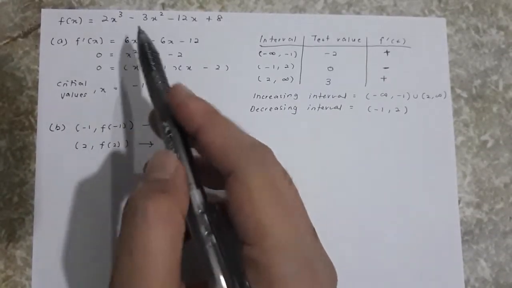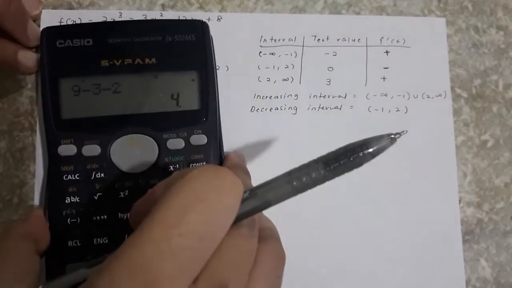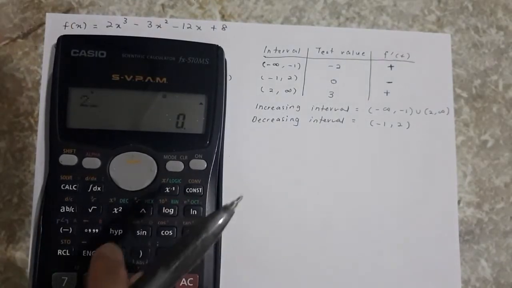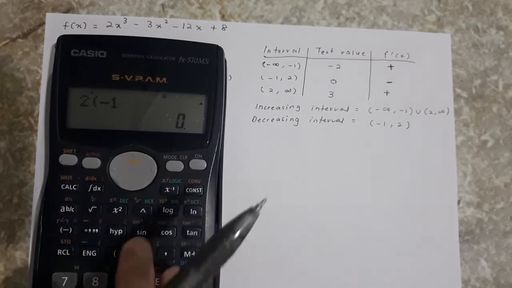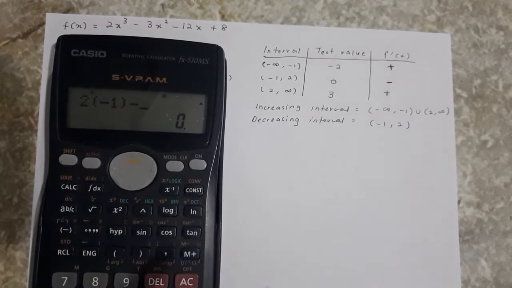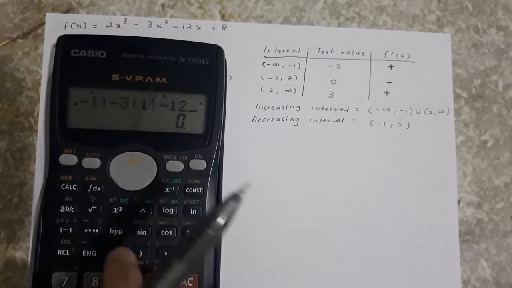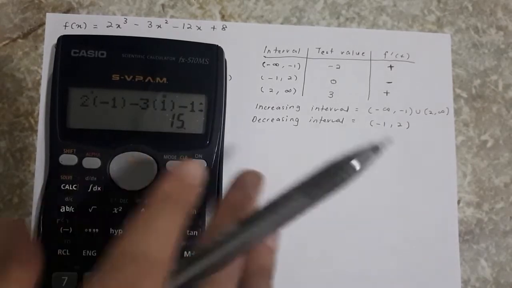Substitute -1 into the original function. -1 power 3, -1. Minus 3, -1 square, 1. Minus 12 plus 8. We get 15.